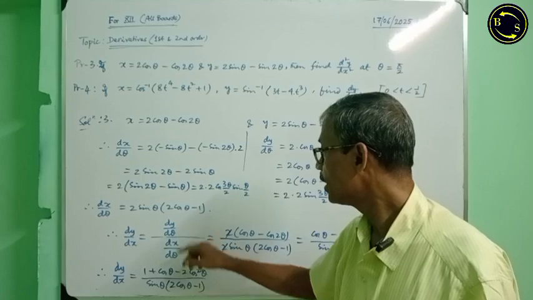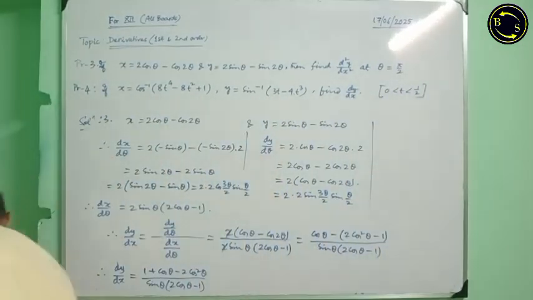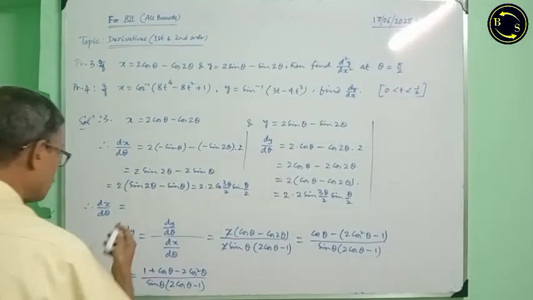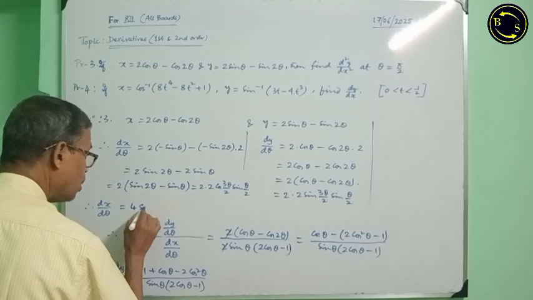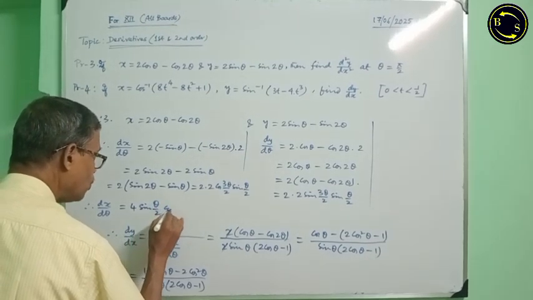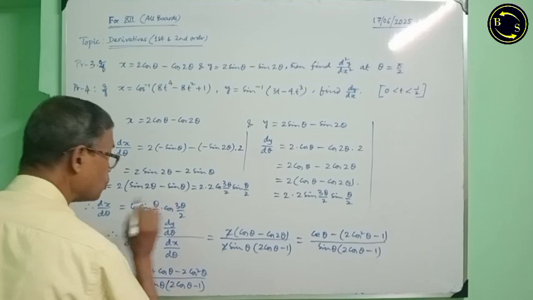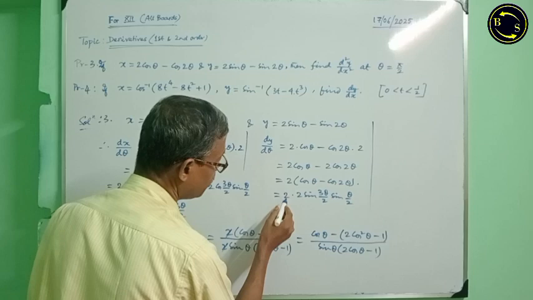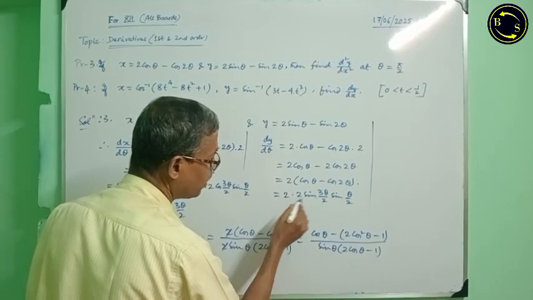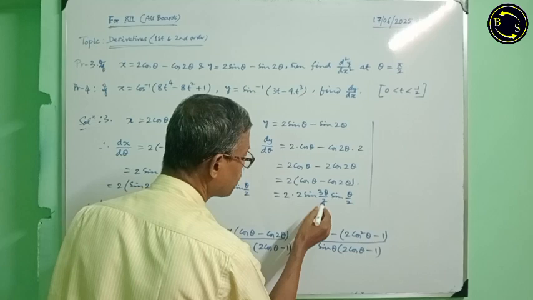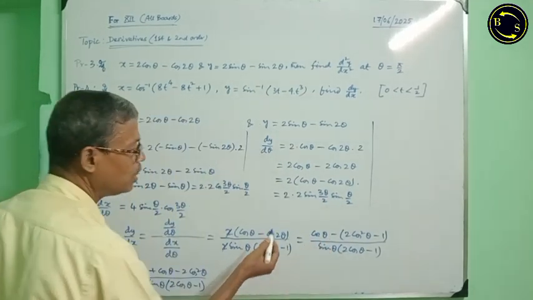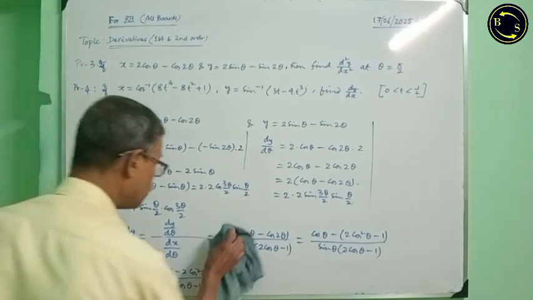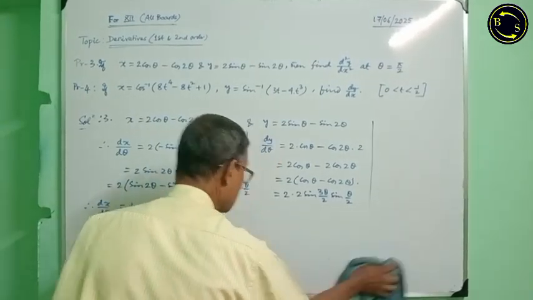That means dx d theta is finally this form, 4 sin theta by 2 cos 3 theta by 2, and dy d theta, cos c minus cos d formula I have applied. That means 2 sin c plus d by 2 sin d minus c by 2. We get this form. Therefore, to calculate dy dx, we apply this form.